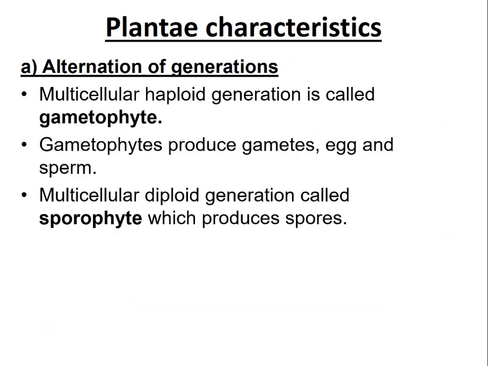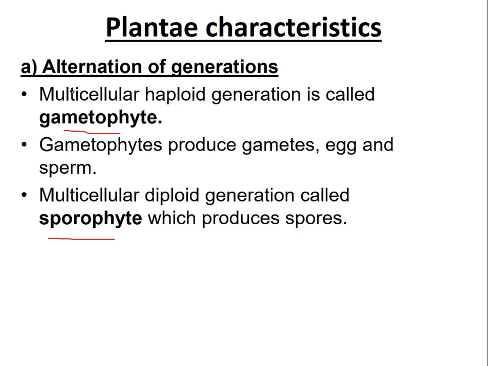Plants have alternation of generations, which we call gametophyte and sporophyte. Meaning that within the life cycle there will be a certain stage in the gametophyte state, and another part of the cycle will be in the sporophyte.